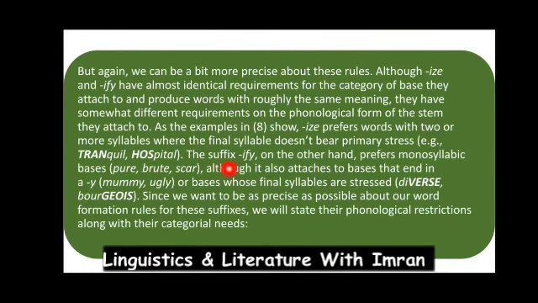The suffix -ify, on the other hand, prefers monosyllabic bases, for example, pure, brute, and scare. These are monosyllabic. Although it also attaches to bases that end in -y, for example, mummy and ugly, or bases whose final syllable is stressed, for example, diverse, with two syllables where the second is stressed, or bourgeois, where the second syllable is stressed.